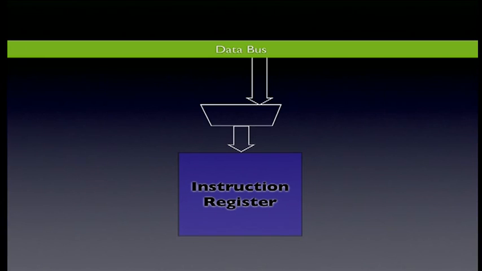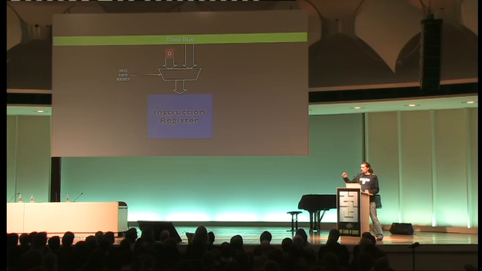What it does is, normally the instruction register, the opcode, is fed by the opcode that comes from the data bus. But there's also a 0 input, and there's the IRQ, NMI, and reset lines going there. So whenever there's an IRQ, NMI, or a reset, then the instruction register is not loaded with the actual instruction, but with a 0. So what this does is it injects a 0 into the program stream.